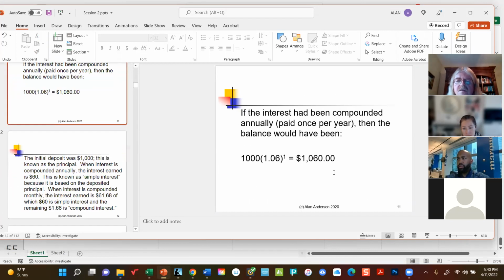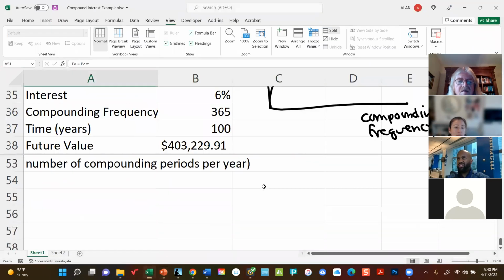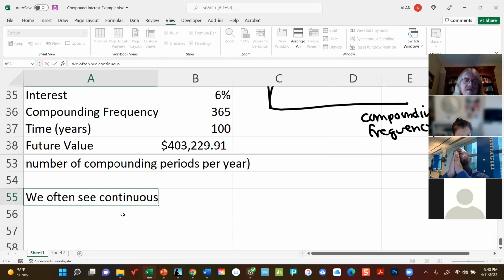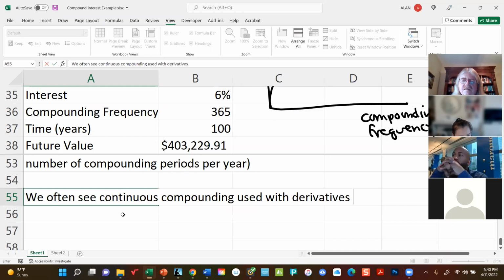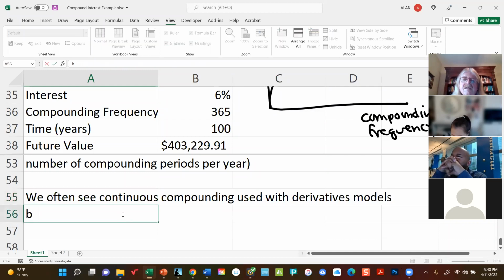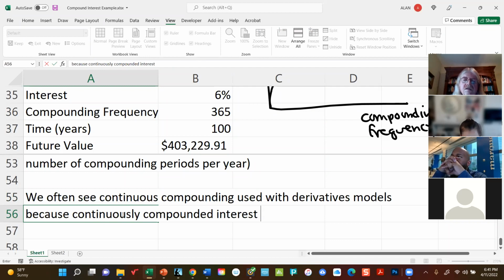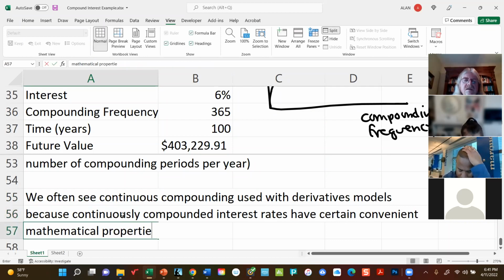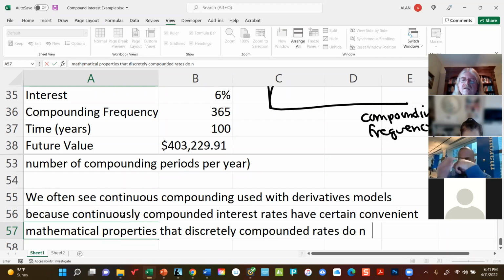So the reason why books like Hull's like to do this: you often see continuous compounding used with derivatives models because continuously compounded interest rates have certain convenient mathematical properties that discretely compounded rates do not.